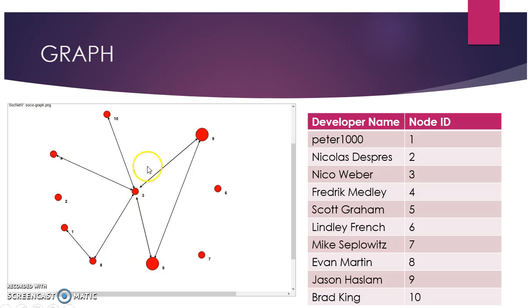They changed more than one file together. It can't be seen exactly, but if you look at it clearly, you can see that it's a bit thicker than the others, for example, than this one. It means that they are changing the same file together more than one file, compared to this one, for example.